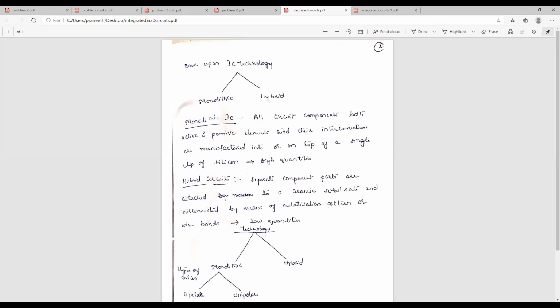All the circuit components, both active and passive elements, and their interconnections are manufactured into or on top of a single chip of silicon. That means everything will be fabricated on a single chip. That is why mono means single.